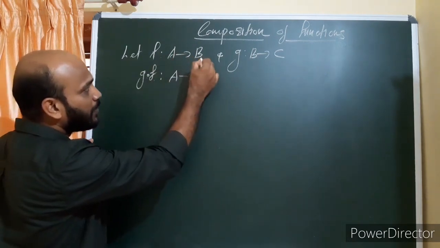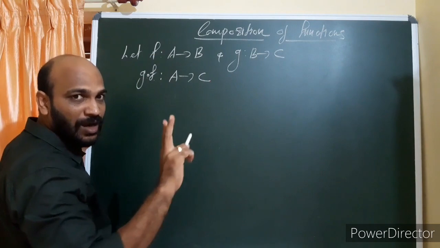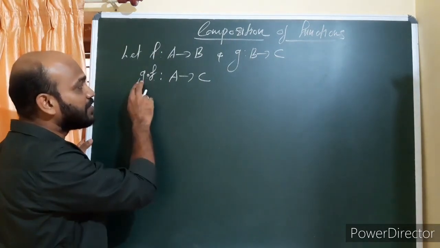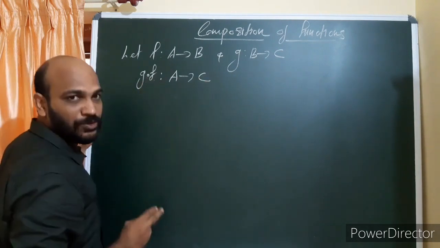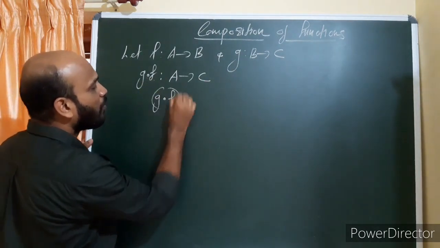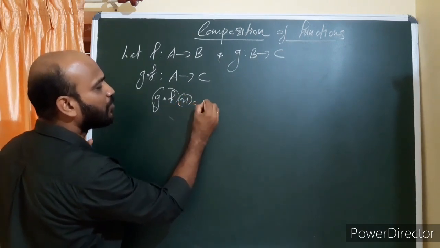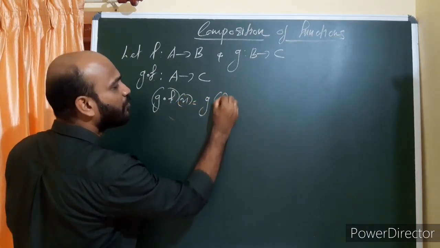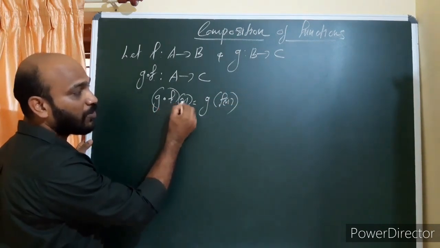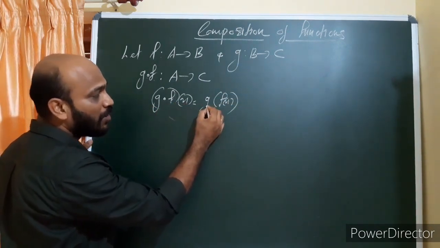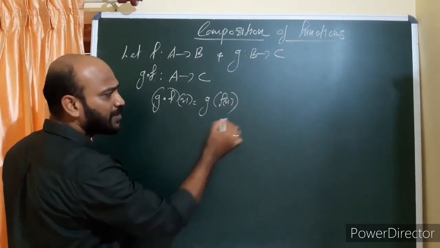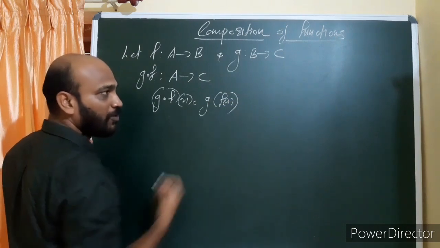Then there exists a function g∘f from A to C, defined as (g∘f)(x) = g(f(x)). This is just a notation only. This one is its definition.